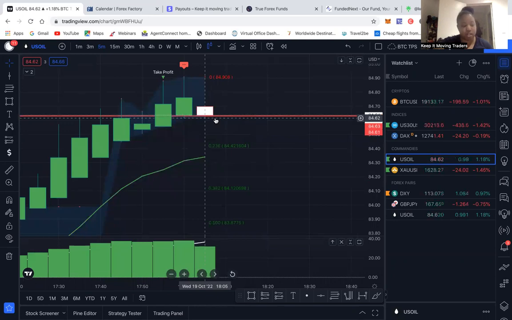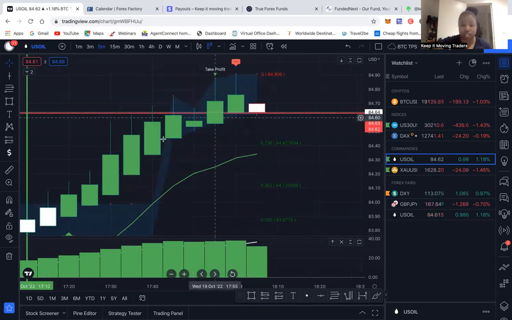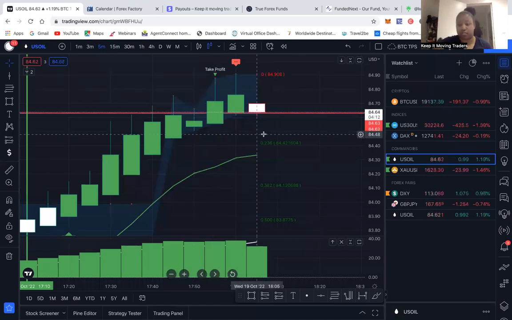Remember, the market does not run in one straight line, guys. You have to come back and retest certain areas, 50% of some of the candles, before it ends up going back up again. See, that's all. You understand?